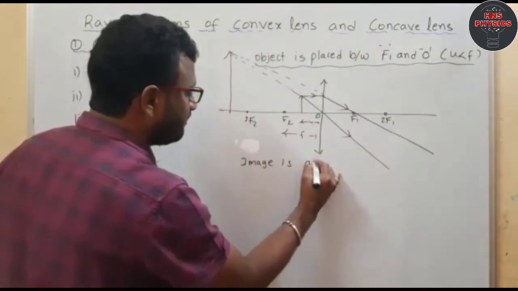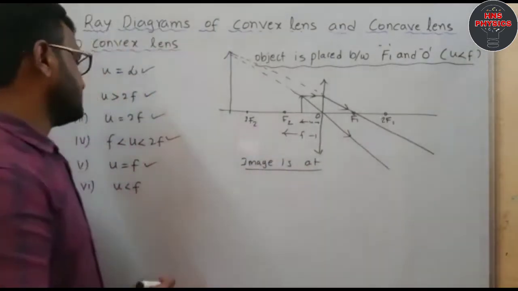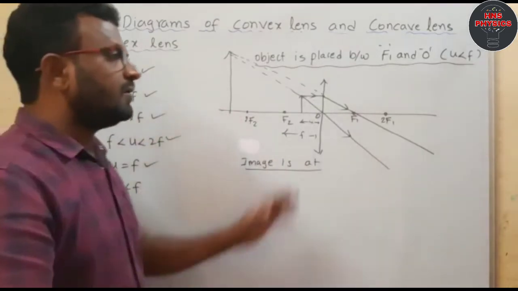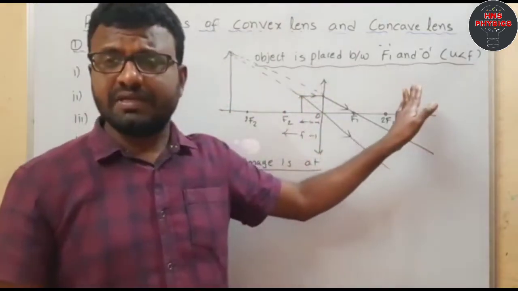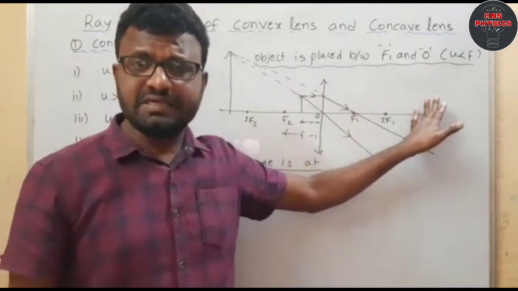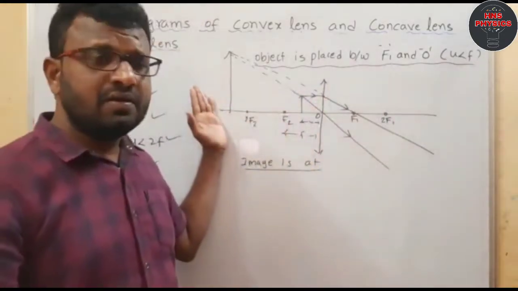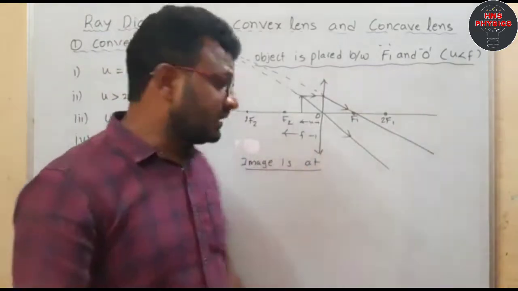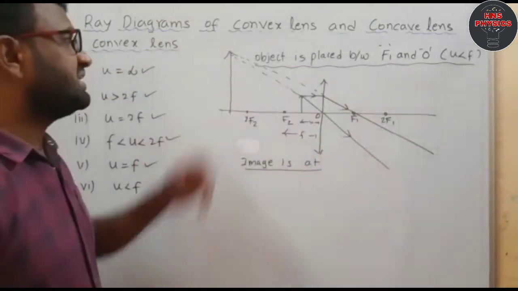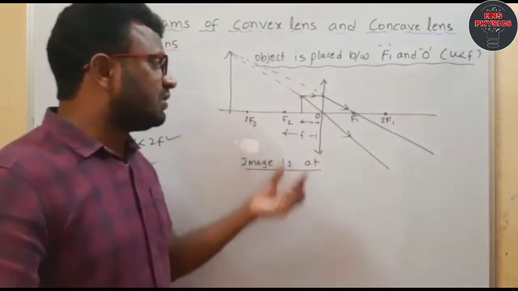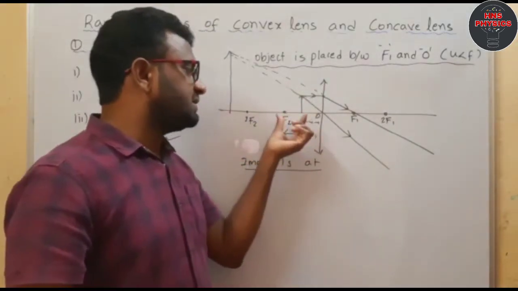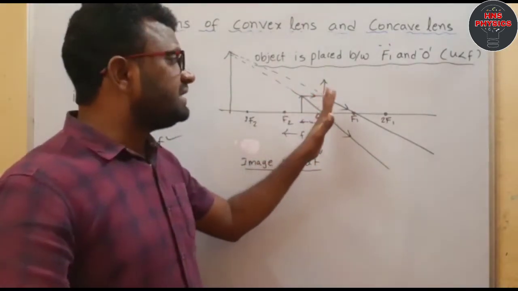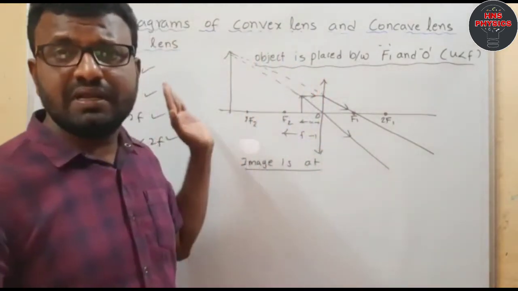So in all the remaining cases up to the fifth case, images are formed on the other side of the lens: when the object is placed on the left side, images are formed on the right side of the lens up to the fifth case. But come to the sixth case, when the object is placed between f2 and the optic center, in this case the image appears on the same side of the lens.